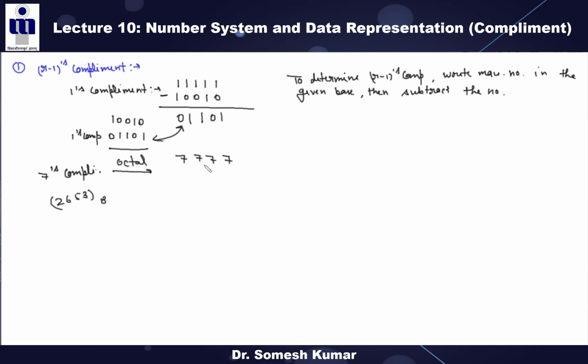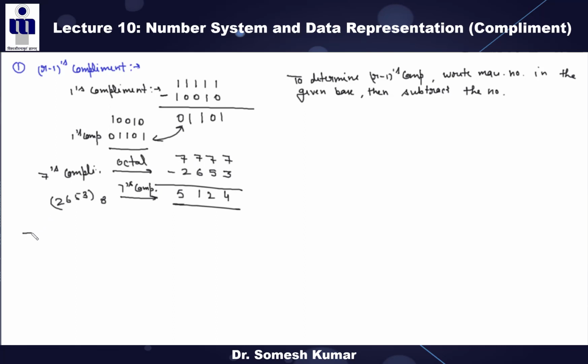First write the maximum number because it is 4 digits, and subtract 2653 from it. It comes to 5124. So this is the 7s complement of this number. It means if we add this number with its 7s complement, it will give the maximum number.